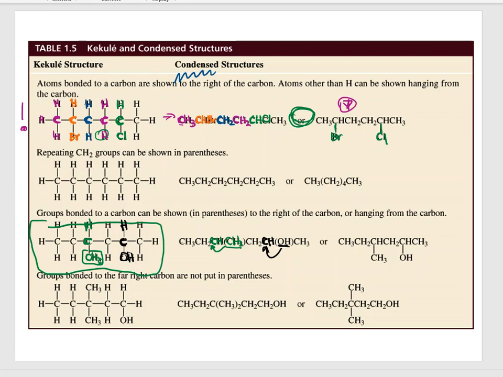So that is what the parentheses mean in condensed structure notation. It means it's an attachment, and that attachment is attached to the previous carbon that came prior to drawing those parentheses. Well, those parentheses, again, I think are very problematic for people. I don't like to see them. I don't like to look at them. So I prefer the version to the right-hand side.